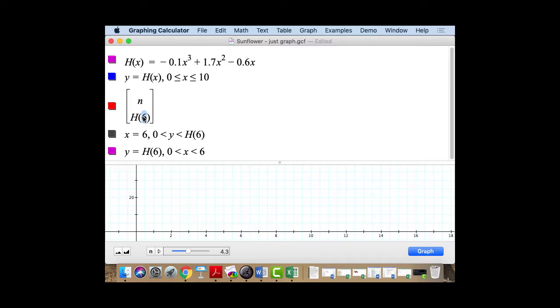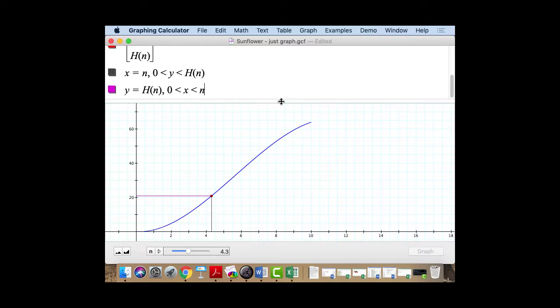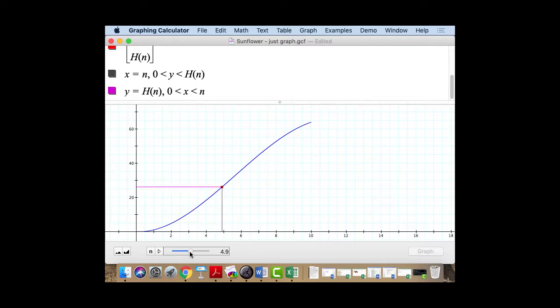I'm going to change all these 6's to n's. So I have x equals n, y goes from 0 to h of n, meaning any number I want, and I can look at one value at a time, like this. This is n equals 4.3, so close to that 4.245 we had before. I can make it bigger, though, and look at this for any value.